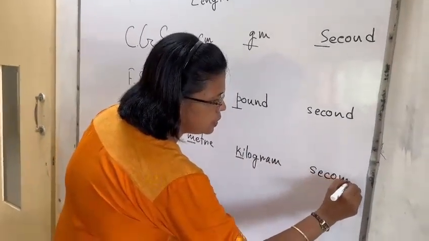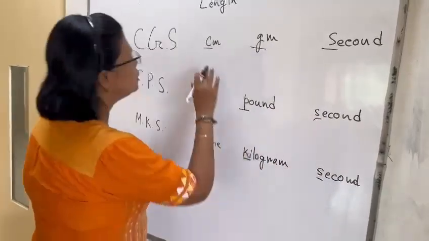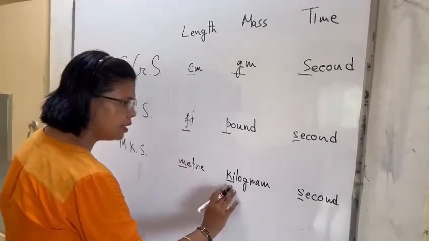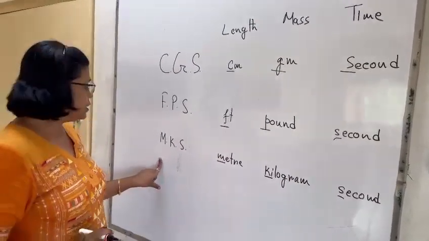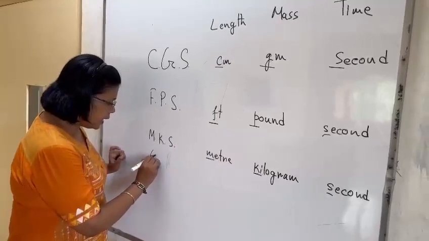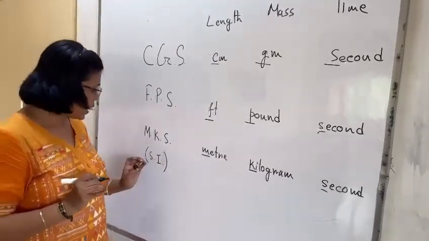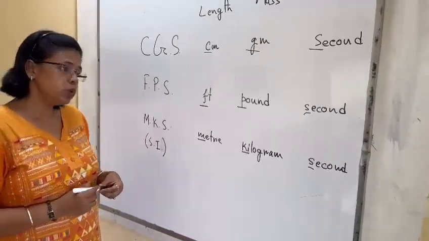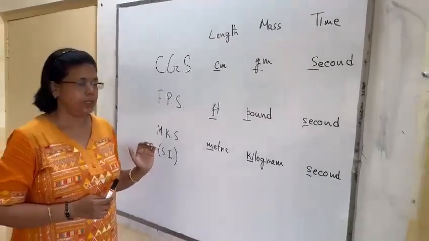So in each unit system, second is common, but here it is centimeter, gram, second; foot, pound, second; and meter, kilogram and second. MKS is also known as the SI unit system, the Standard International Unit System, because most countries use the MKS unit system.